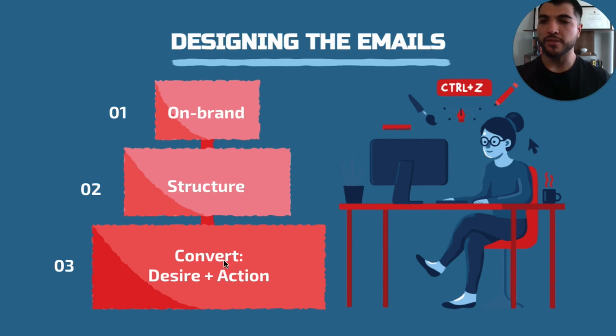So hopefully you're seeing the pattern here. For copywriting, the most important part was also to convert. Now, email has to create desire. So good product images and photos should create desire for what you're selling. For example, a fashion brand might use shoots of models the audience aspires to look like.